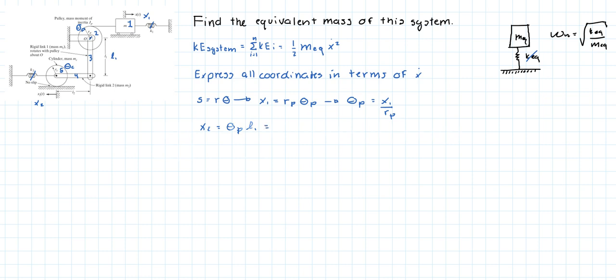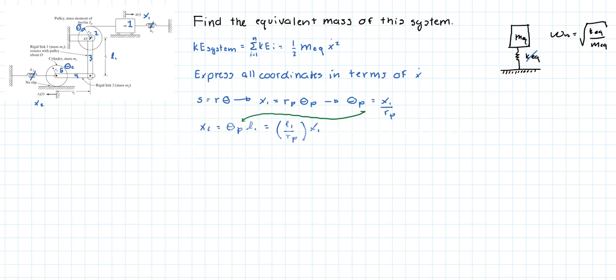But then we want to express x sub 2 as a function of x sub 1, so we're going to substitute theta p with this expression over here. So what we get is x2 equals L1 over Rp times x1.